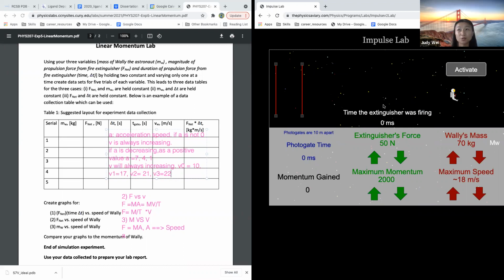So you basically do the experiment and measure in 3 tables and create 3 graphs. Create 1 graph for each table.